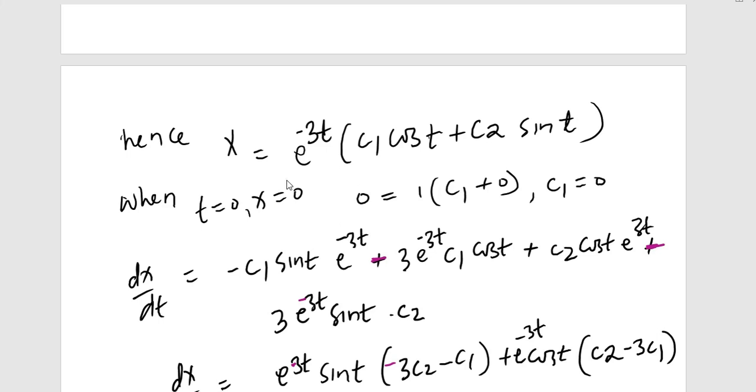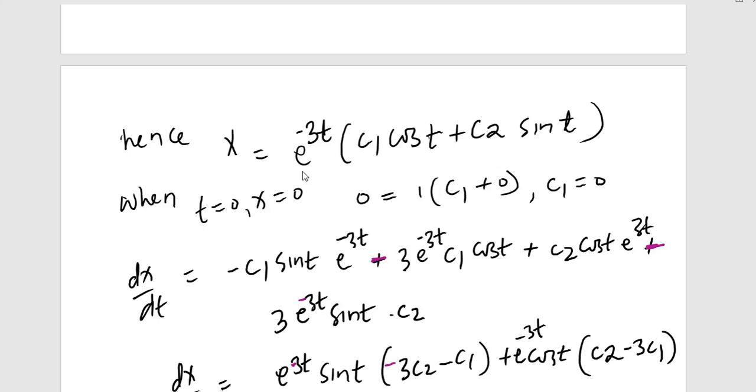So it is given that when t is equal to 0, x is equal to 0, and we have dx/dt equal to a particular figure. So let us put in our values.